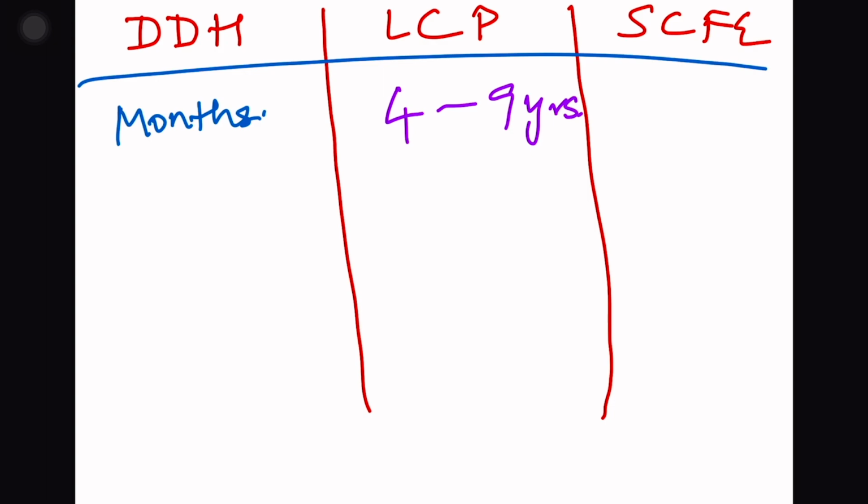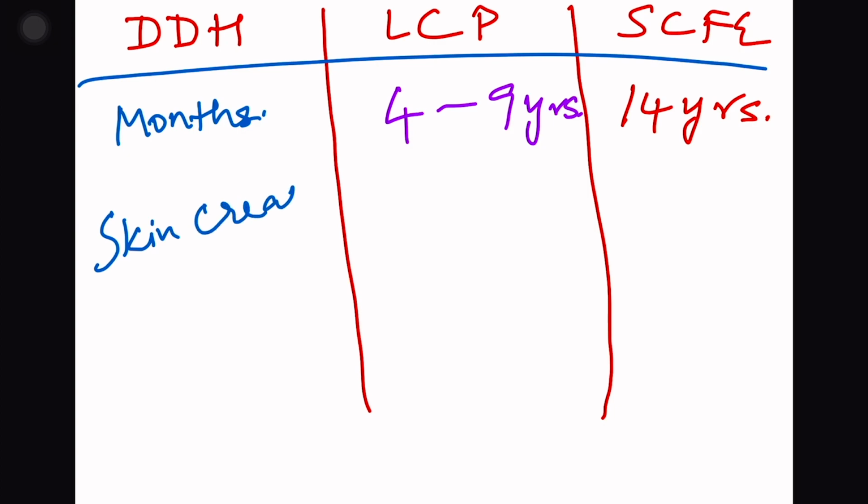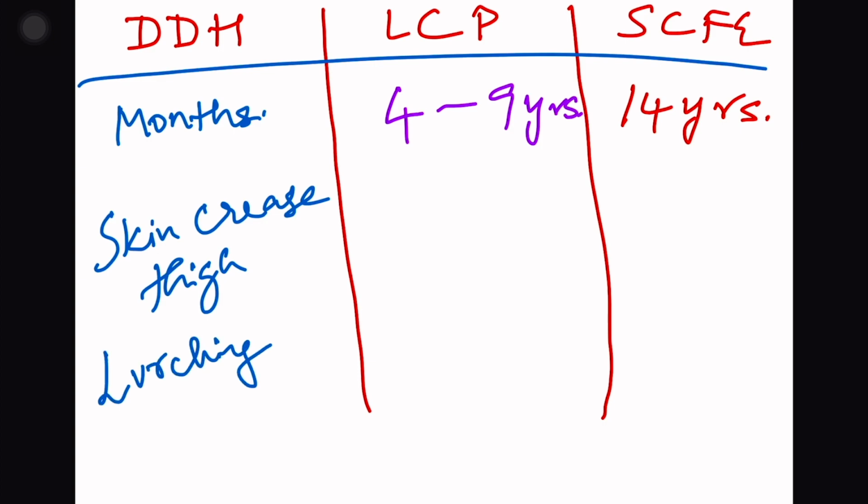And in SCFE, it will mostly be in the pubertal age group, 14 years. So from the first line itself, we can come to a conclusion about the diagnosis. And other things like skin crease will be mentioned. In the thighs, the skin crease will be abnormal in case of DDH. And the gait will be a lurching gait.